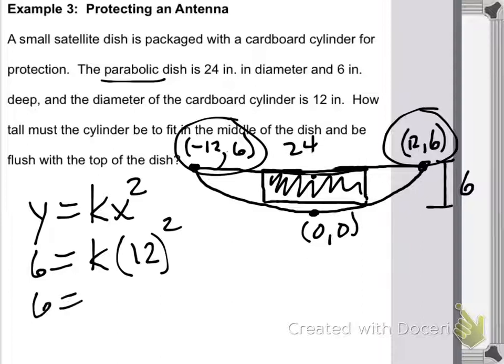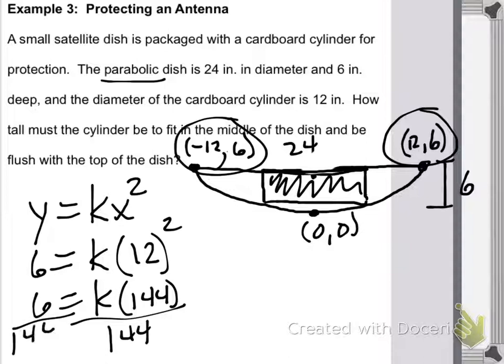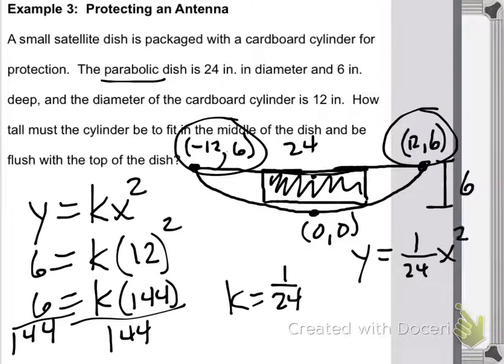So 6 is K times 144, divide by 144. So K is 6 over 144, which reduces to 1/24. Now here's what that means. That means that the equation for my parabola is y equals 1/24 x squared.